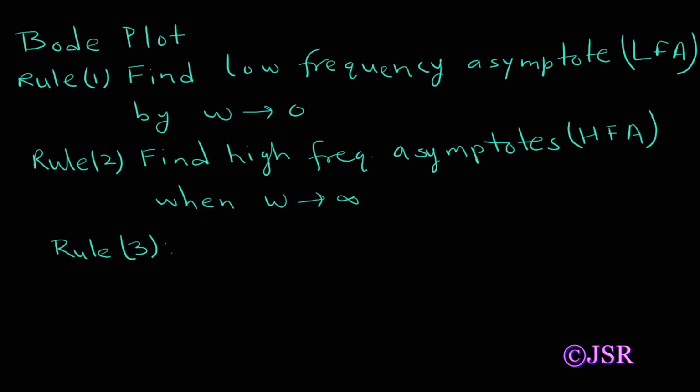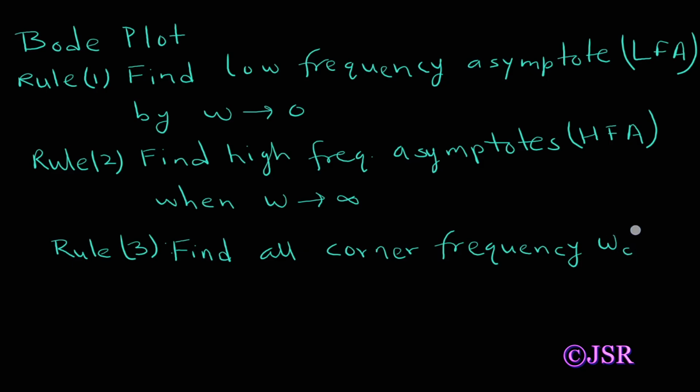So find all corner frequencies, omega c, when omega tau tends to 1.